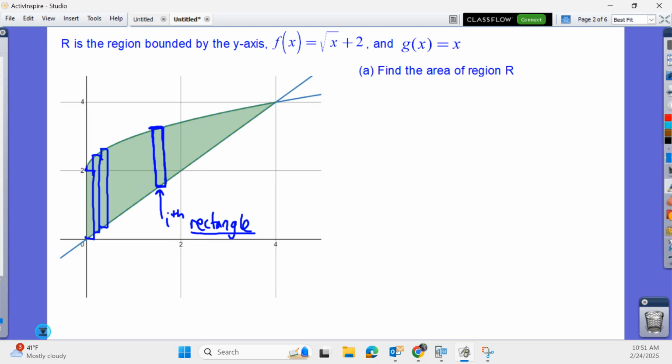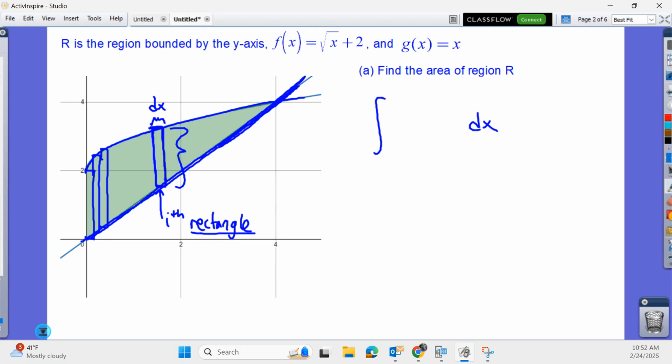Okay? So as far as finding the area of region R, we're just integrating the height of these rectangles times the infinitesimal width, which of course is just going to be dx. So we're going to have a dx there for the width, and then we need to represent the height. The height of that rectangle is just the distance between this top curve and this bottom curve for our boundaries.